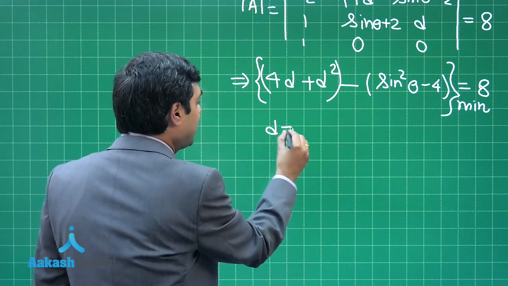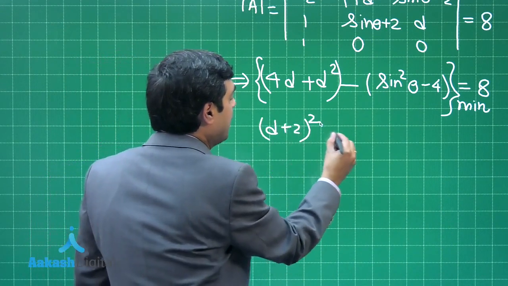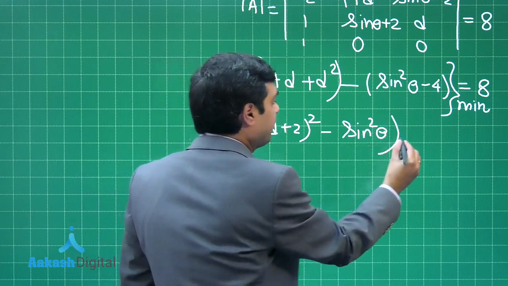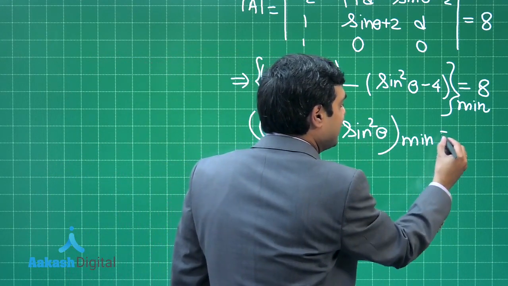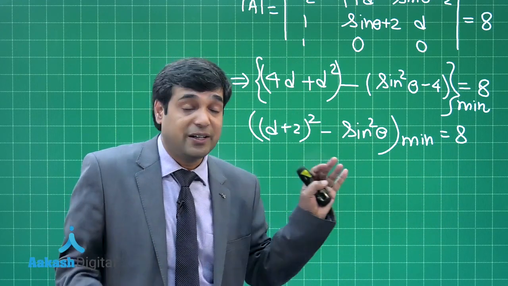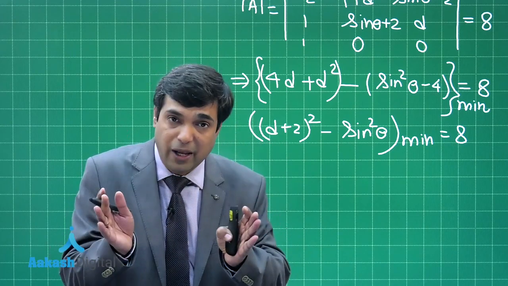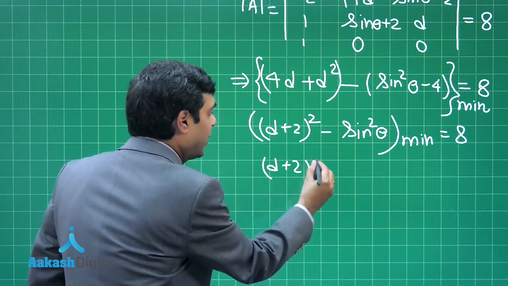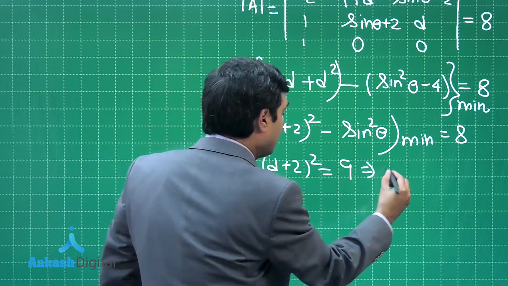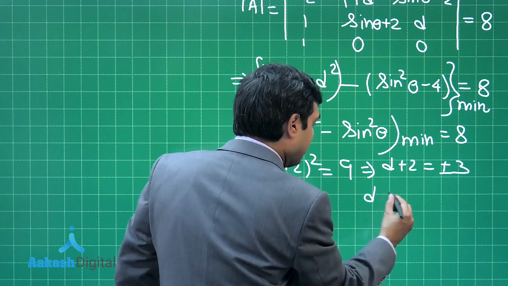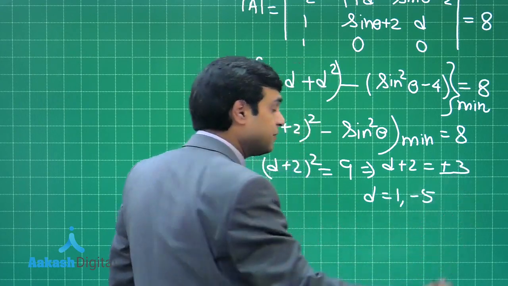This is d plus 2 whole square minus sin square theta minimum is equal to 8. This value will be minimum when sin square theta is maximum, that is 1. So we get here d plus 2 whole square is equal to 9, or d plus 2 is equal to plus minus 3, d is 1 or minus 5.